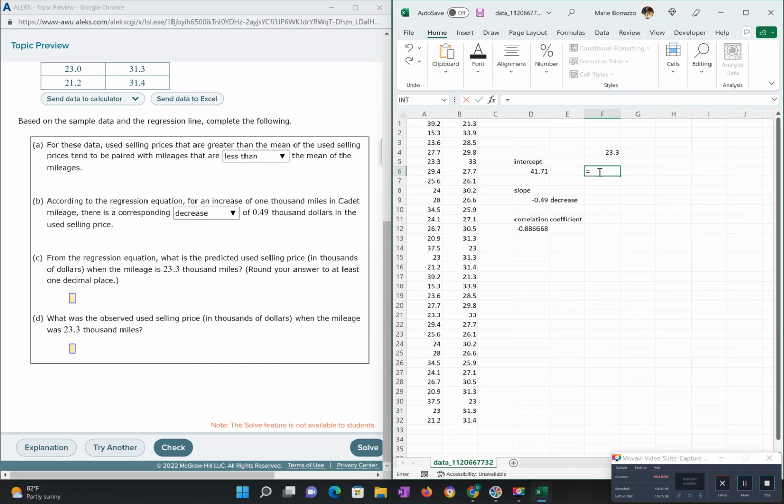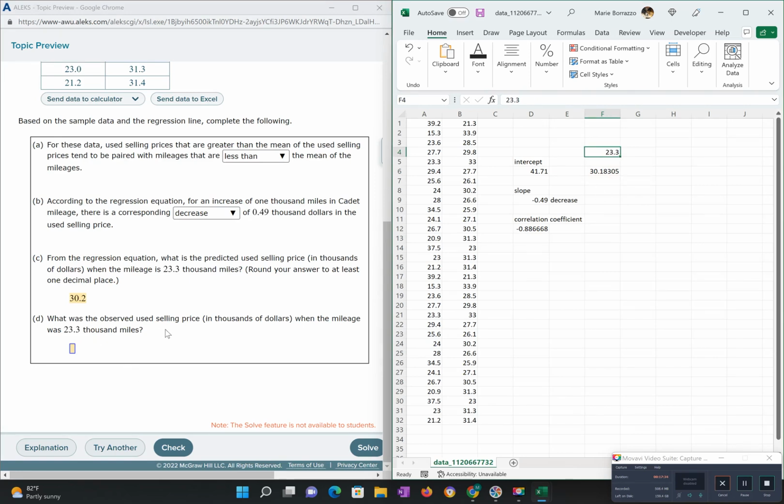So this is equal to this value plus this value times, because remember that's minus 49x. So according to this, this should be approximately 30.2, which we got right here by substituting this number in.